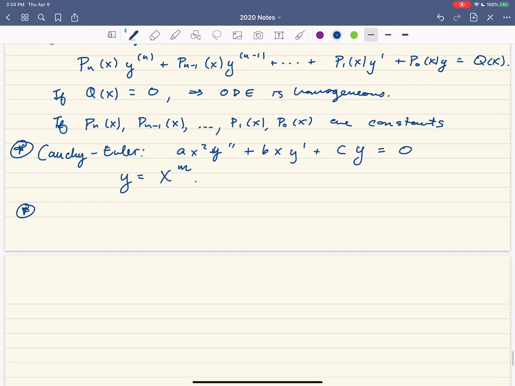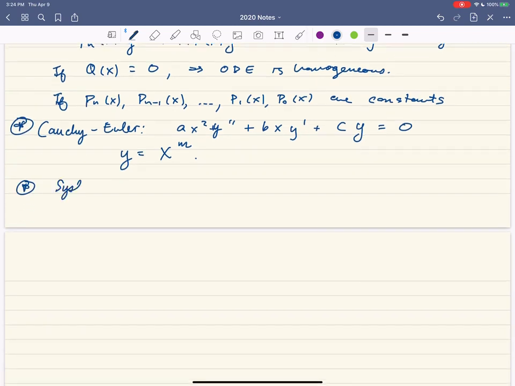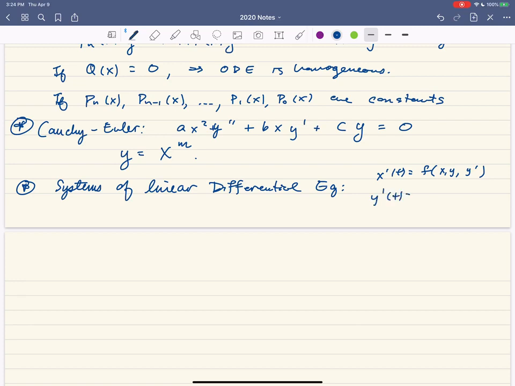We also talked about systems of linear differential equations. So these are systems where you have something like dx dt is equal to some function f of x and y, and y prime is equal to some other function g of, say, x, y, and x prime.